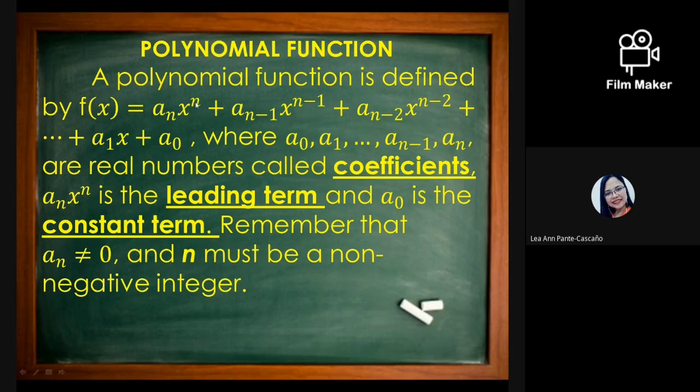Therefore, your exponent must not be a negative number. So, yun po ang laging tatandaan. Kaya nga kanina, sa polynomial function na nag-identify tayo, hindi polynomial function kapag negative ang ating exponent. Kasi kapag ito daw po ay naging negative, hindi siya belong sa polynomial function.